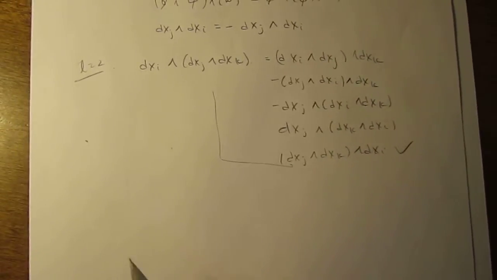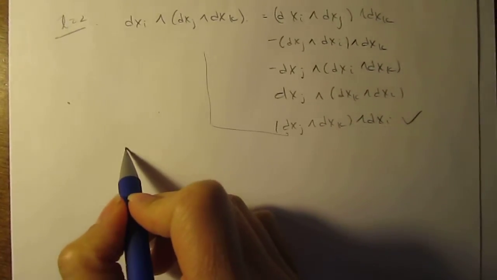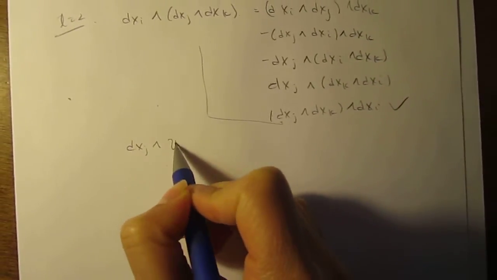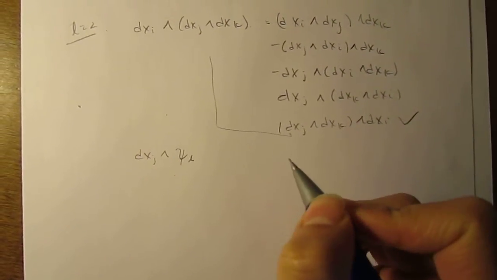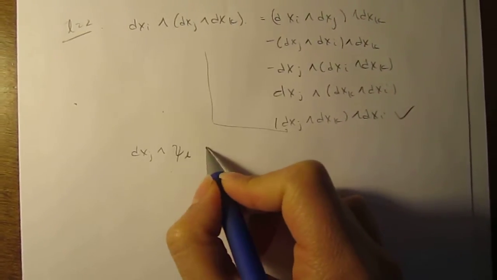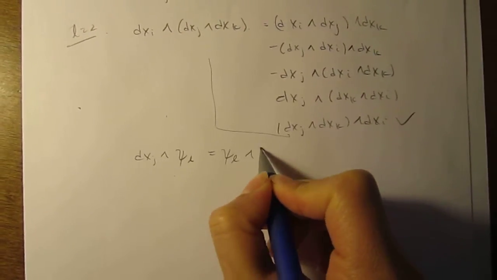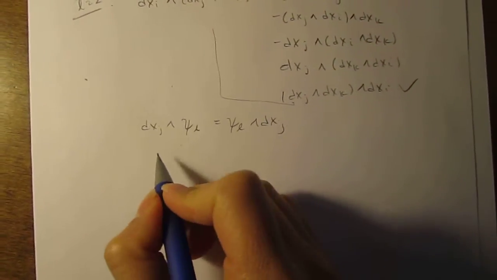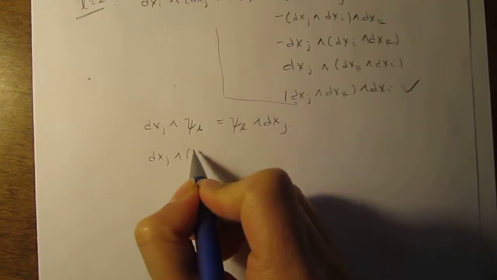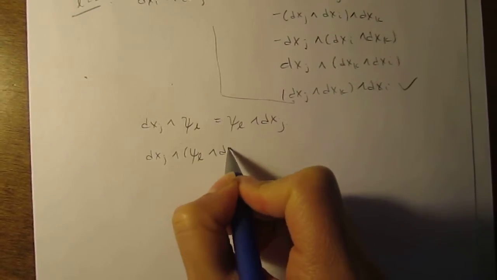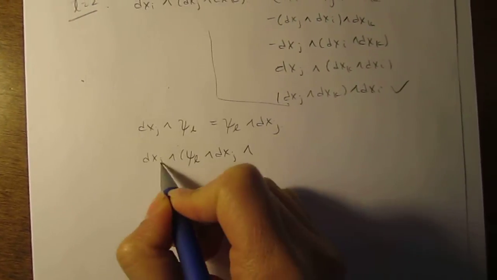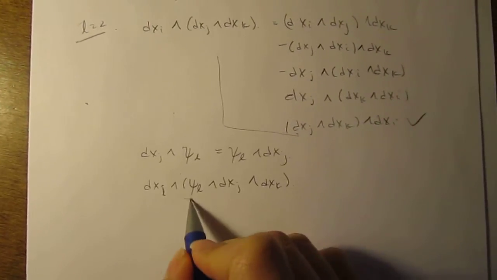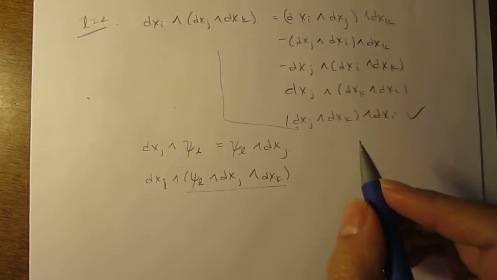Now we're going to use our inductive hypothesis and hypothesize that if we have a 1 form wedged with an L form where L is even, then the sign won't change. So we could rewrite this as dxj wedge an L-form wedge dxj, so this as I, since an even plus 2 more is still an even.